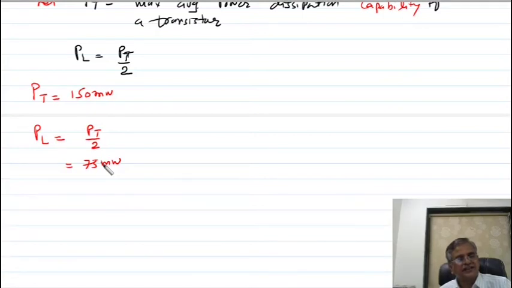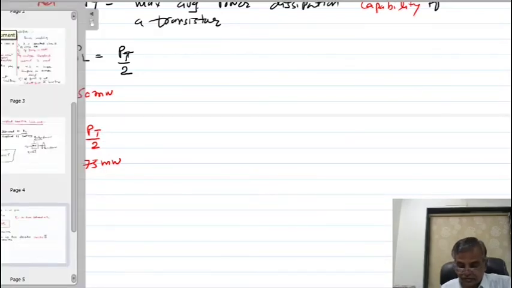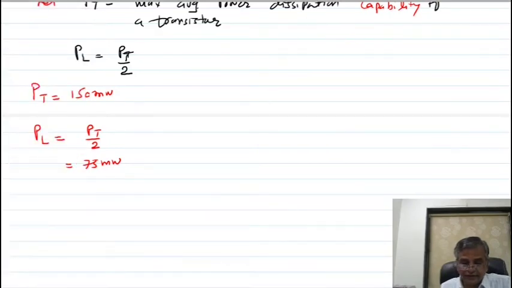Sir, can you keep the transistor more than 700 milliwatt? Yes, you can keep it. It does not matter. But what is important is, at the most you can deliver how much? PT by 2.